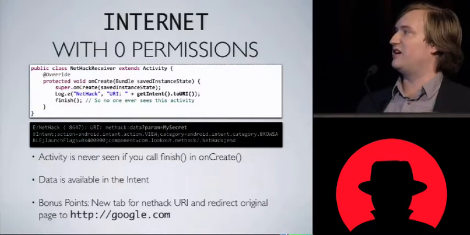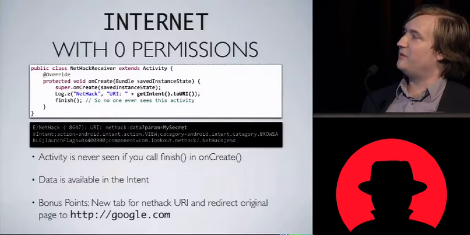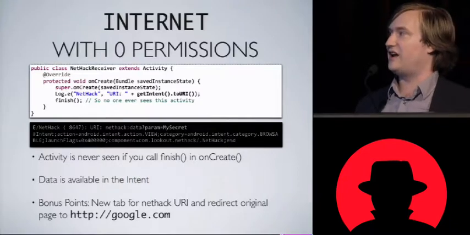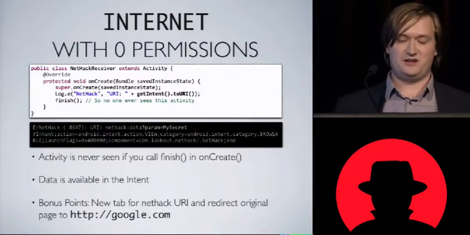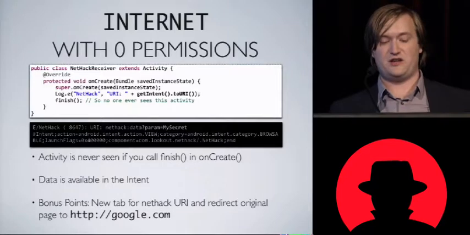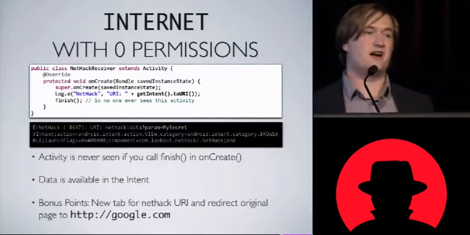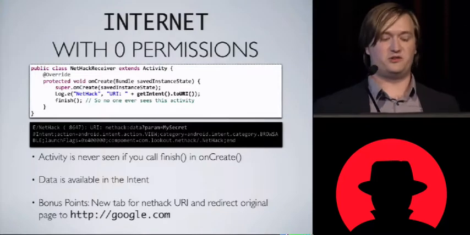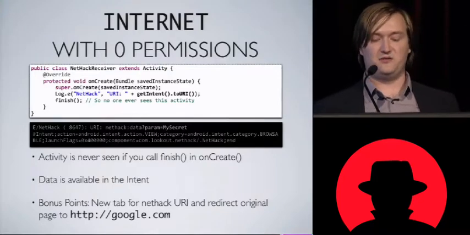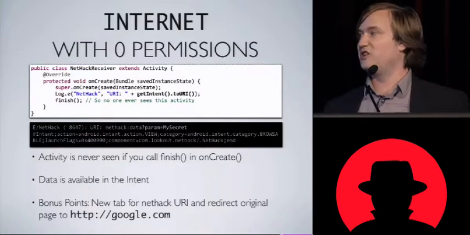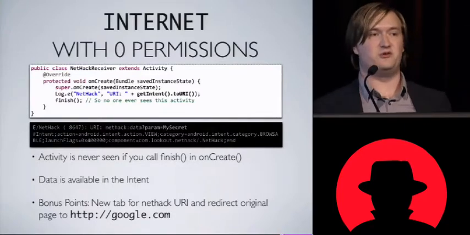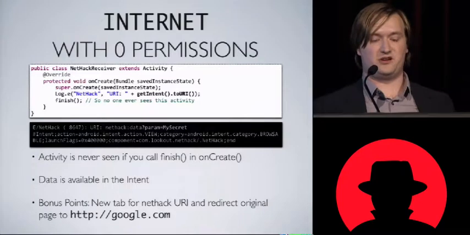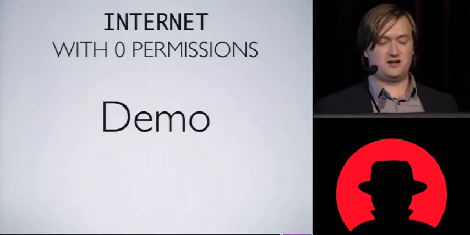Here we've set a parameter after we redirect, and then we can just log the intent, and it has the data that we're looking for. We call finish in the onCreate event, and we never display any UI. This happens instantaneously. Nothing is seen by the user. Again, the same caveat that I pointed out before: you probably want to send the user off to another page so when they open their browser, they don't see anything funky.